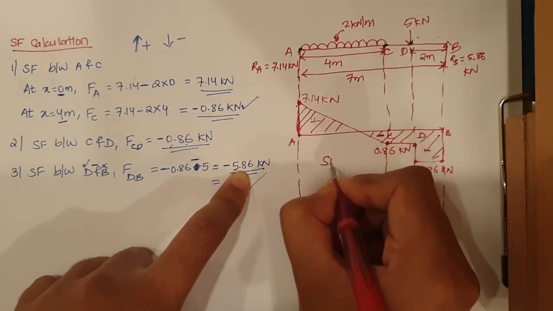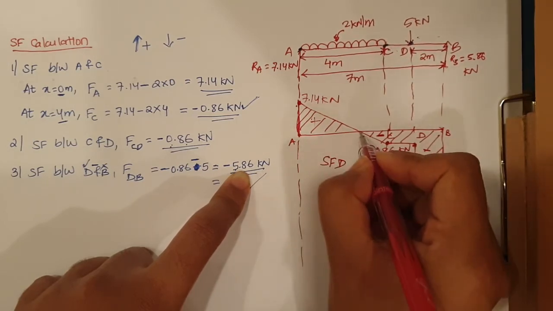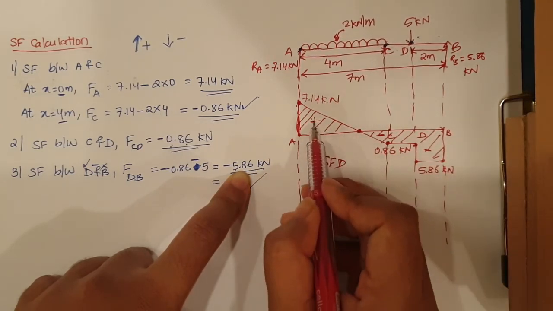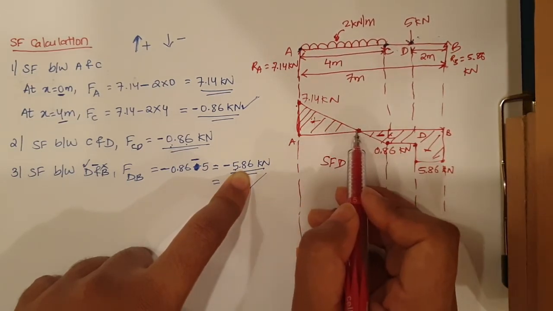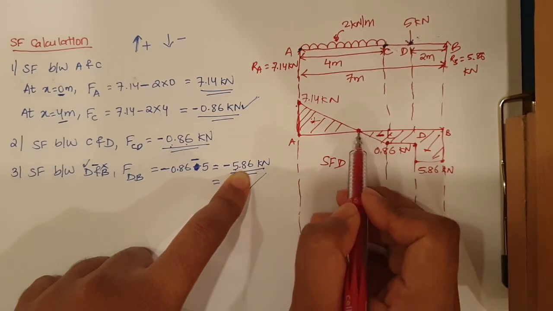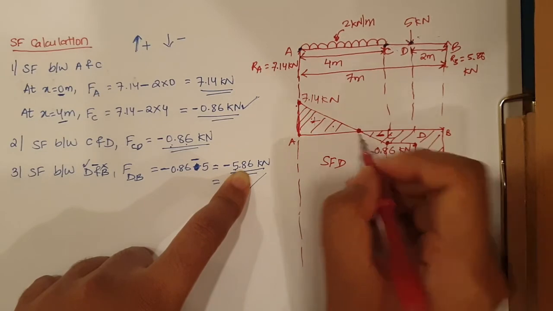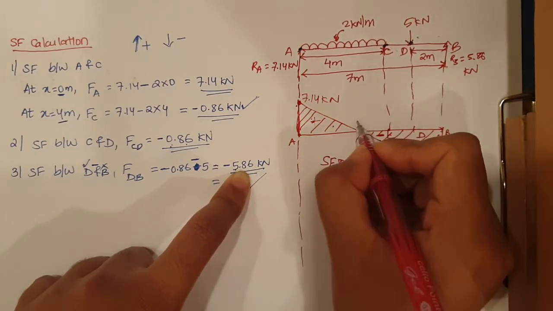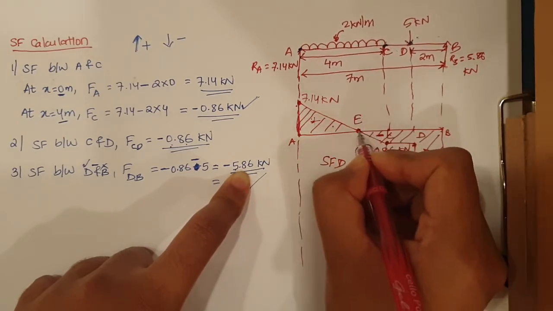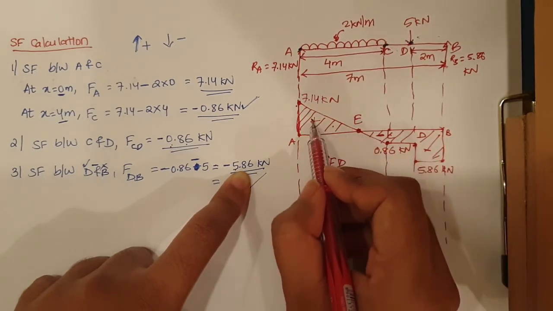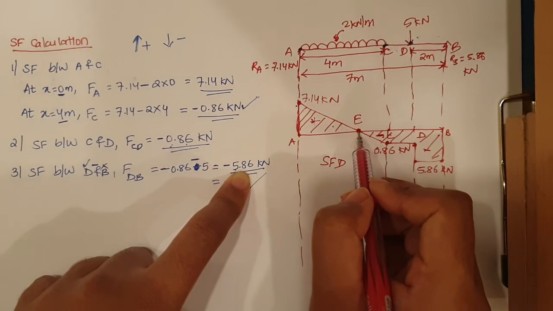So this is your shear force diagram. Now as you can see this point, here the shear force was suddenly positive and suddenly from here it crosses and goes down, so it is suddenly changing its sign from positive to negative. Now this point here, let us name it as E point, and this point where the shear force suddenly changes its sign from positive to negative is known as the point of contra shear.